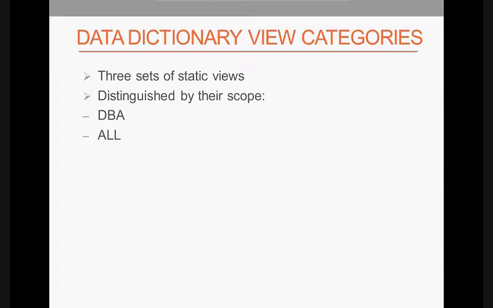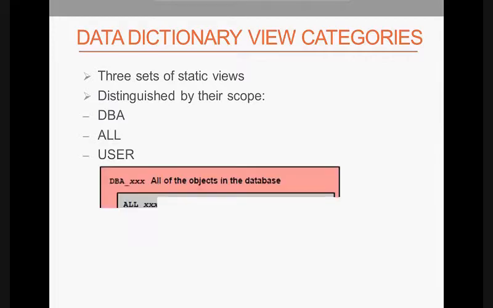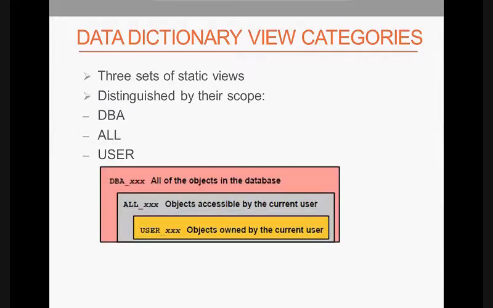The views most likely to be of interest to typical database users are those with the USER prefix. These views refer to the user's own private environment in the database. They generally refer to the objects owned by the current user, and they also return a subset of the information in the ALL views. This is the hierarchy. DBA-prefixed tables contain all the data about any users.